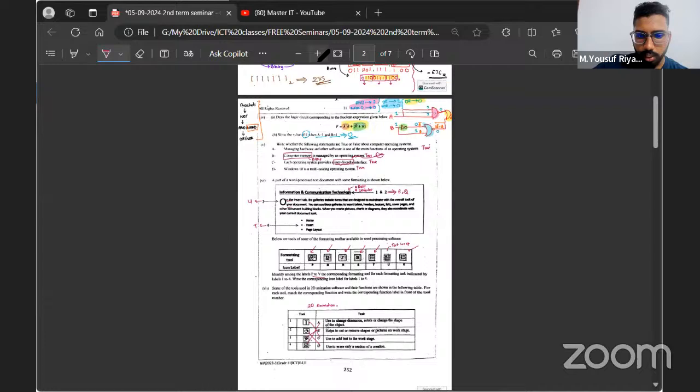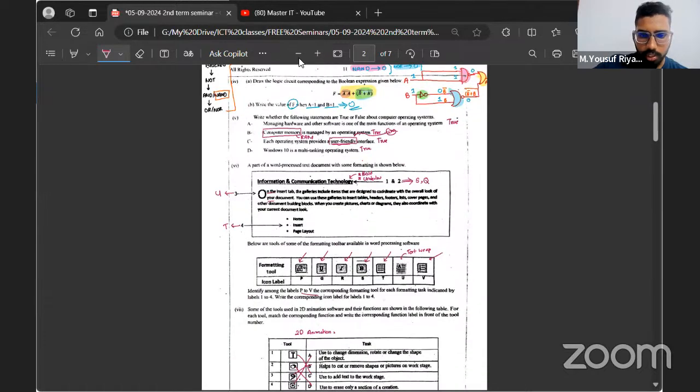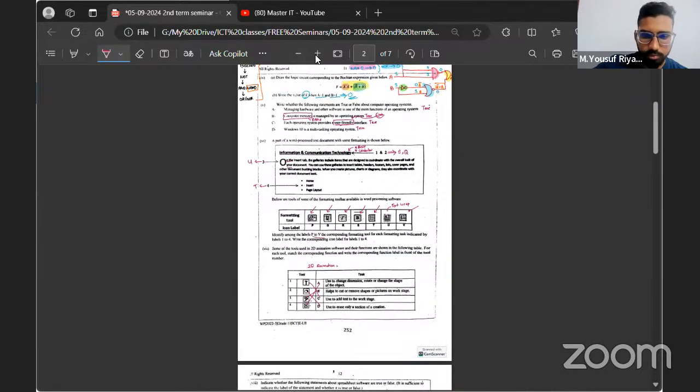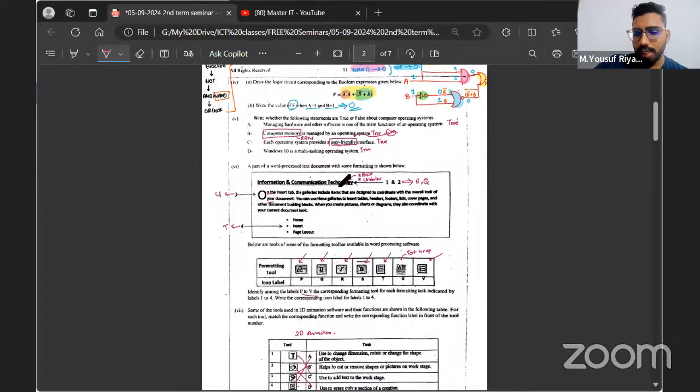In ASCII you can represent 255. ASCII has 128, sorry, 2 to the power 7.